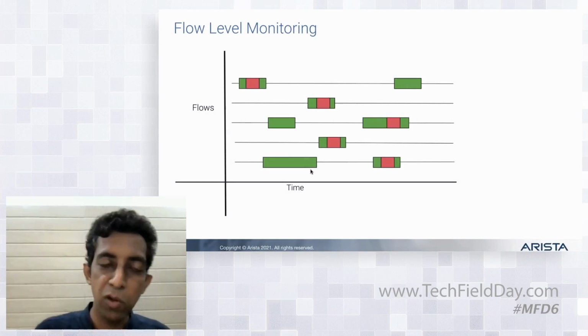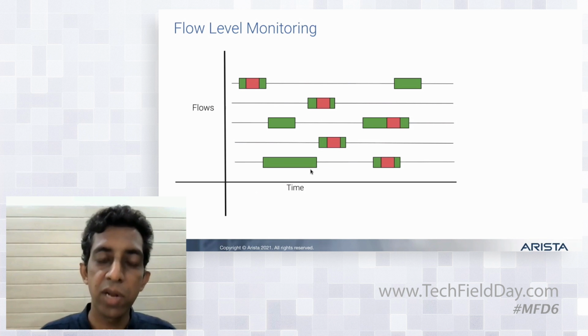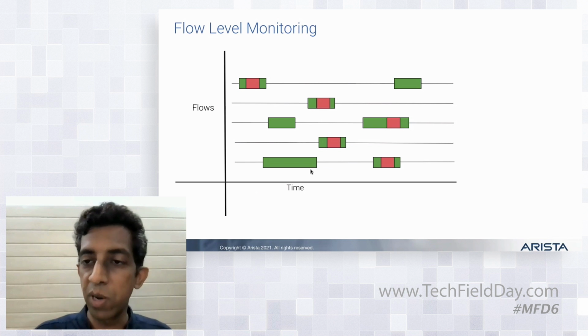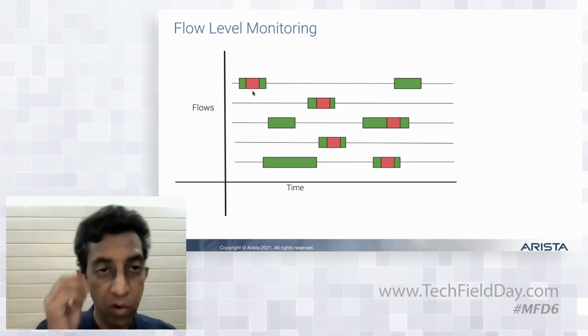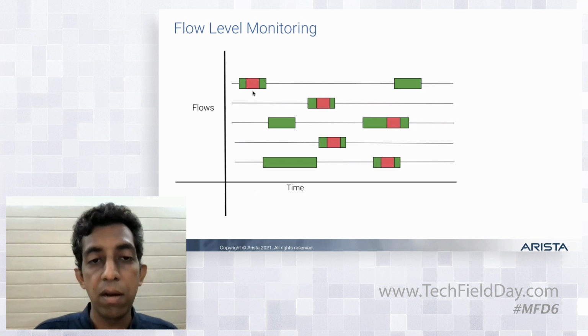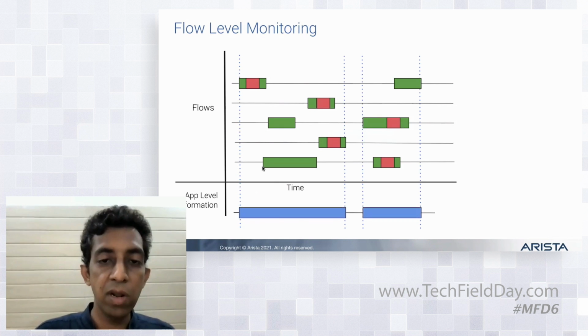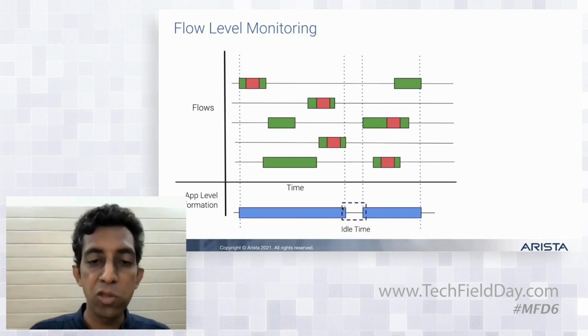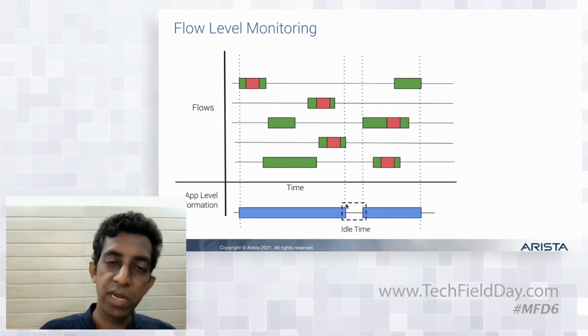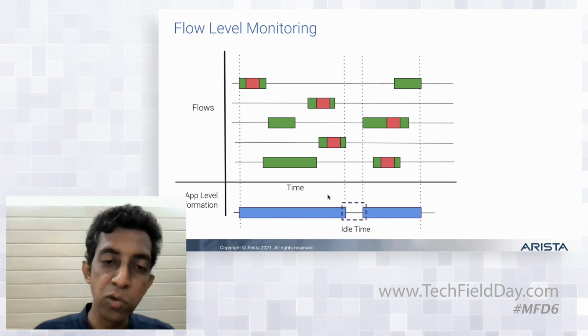So just to quickly go through this one. Any web application that you're running will typically initiate multiple flows, right? And for each flow, we are essentially computing the recovery time for that flow. At the application level, we collate that information and also detect the idle time, which is the time that the application was not really being used.